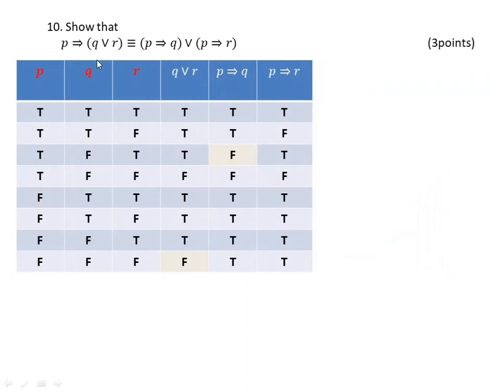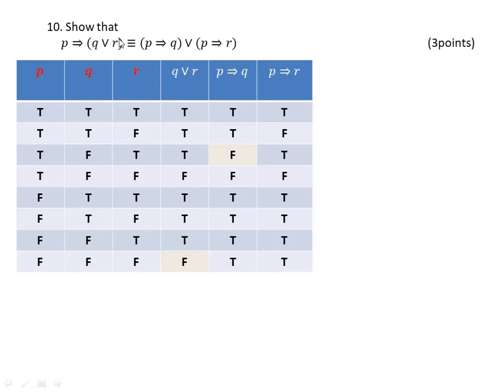Now here, P has truth values true, true, true, true, false, false, false, false, and Q has true, true, false, false, true, true, false, false, and R has true, false, true, false, true, false, true, false.